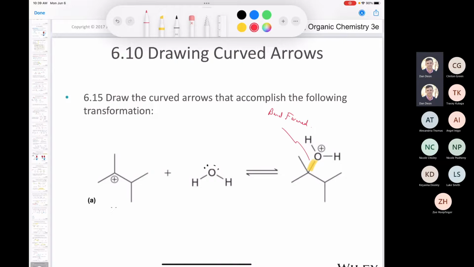And if you could tell me which one of the patterns is shown here, like we need a curved arrow somewhere here. Could anybody tell me where they start and where it ends up?